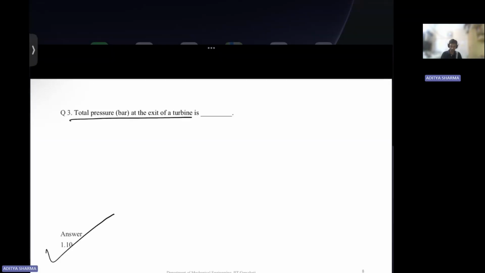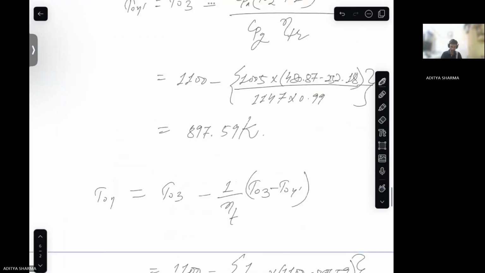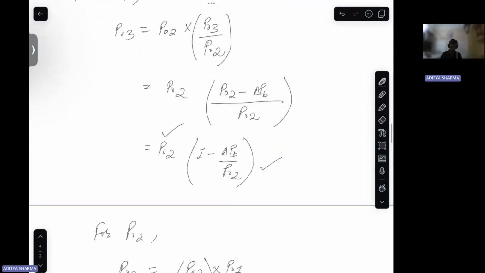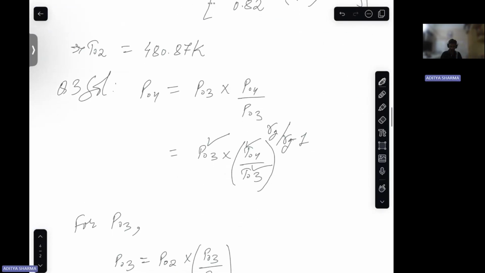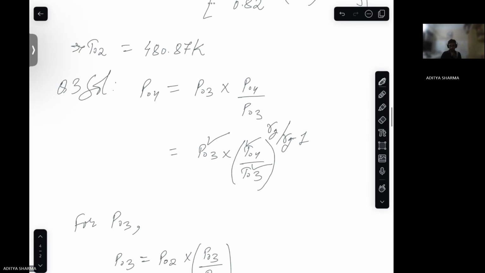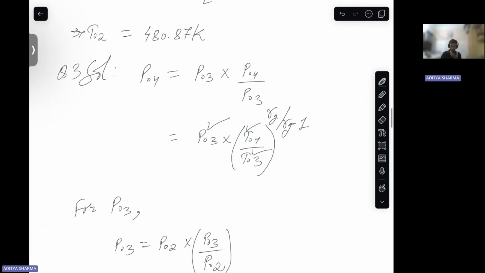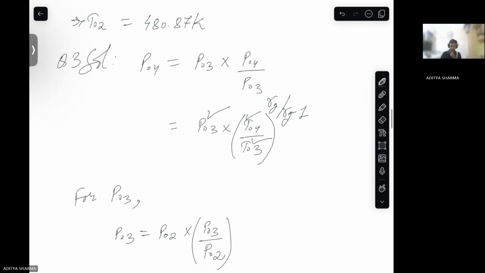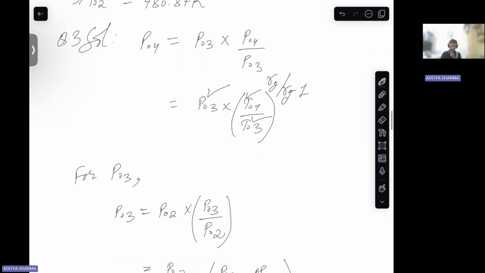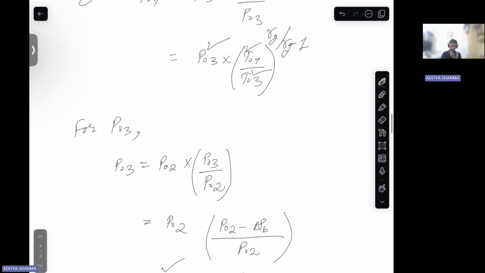I hope this is clear. This was a bit lengthy question. Here for P naught 4, the exit pressure at the turbine, we needed two values. First was of P naught 3 and then second was of P naught 4.